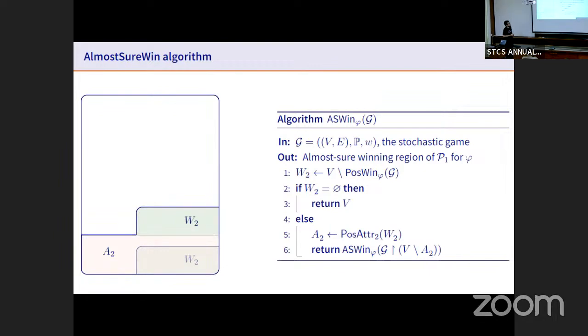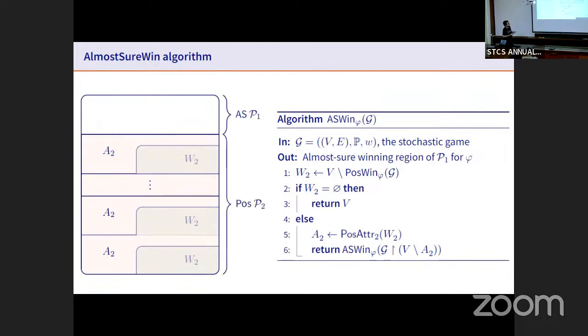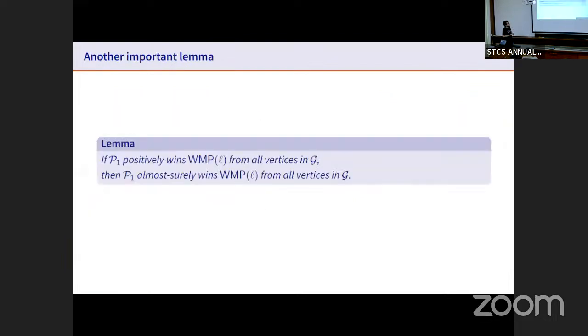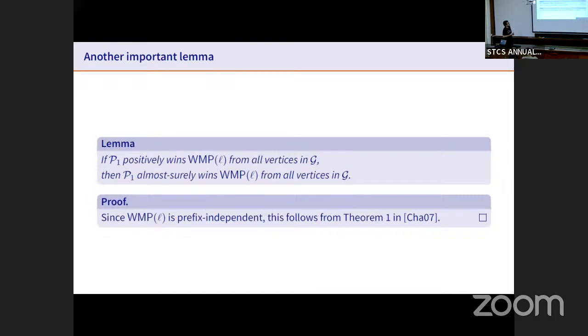So almost sure winning for player 1 means positive winning for player 2. So that's why there are some similarities. I'll gloss over this. And then we'll have a similar lemma for this as well, but we don't need to prove that lemma because it turns out to be a special case of a theorem from an older paper.